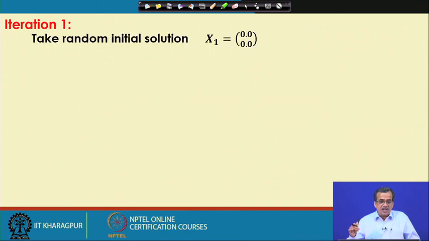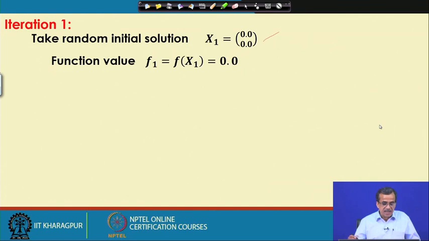Now, we go for iteration 1. We take the random initial solution denoted by capital X 1, that is 0 0. Next, we find the function value f 1, that is f of x 1, and that is 0.0.